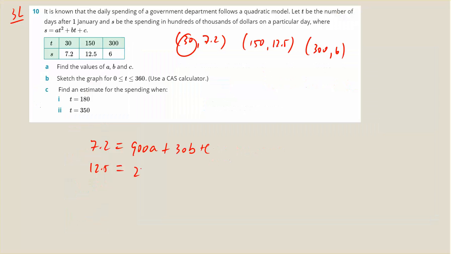What you're going to do is put this on your CAS and solve for A, B, and C. On the SAC, if you get a question like this, make sure you show this part, otherwise you're not going to get the marks if you get the answer wrong. Enter it on your CAS, giving 3 equations.